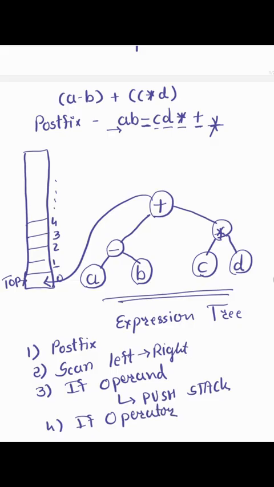first you need to pop the top two elements. The first element becomes the right child, and the next one becomes the left child. Then whatever operator occurs, you make it the parent of them, and at the third step you push it to the stack again.